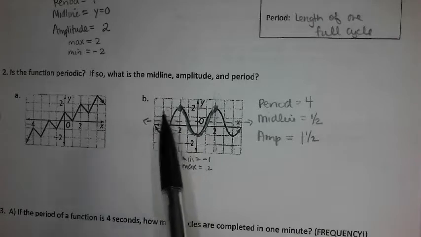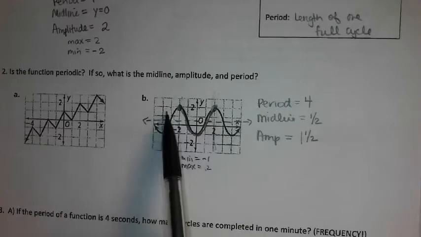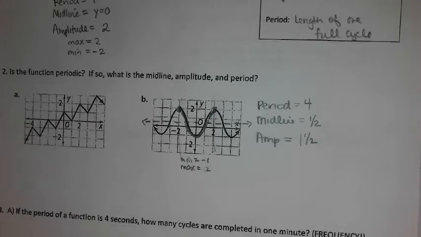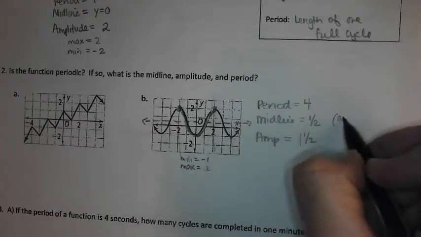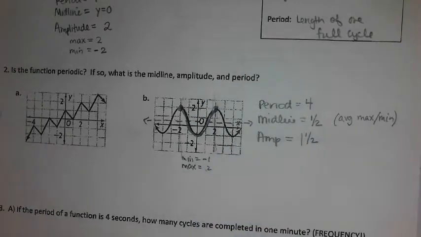Same thing with the other answer. I know what you were doing, and it's part of the process, but if you then went and put that midline at 1.5, you would know that doesn't look right, okay? So you can average the max and the min, or you can just sketch it out and look at it. Okay?